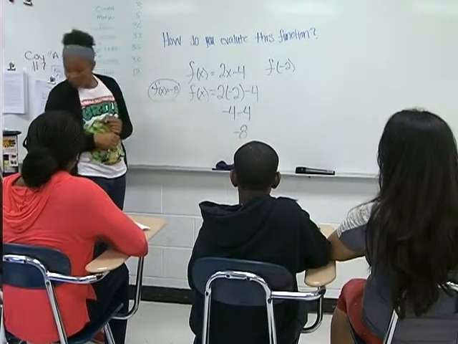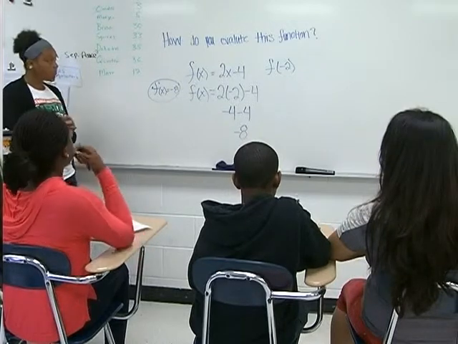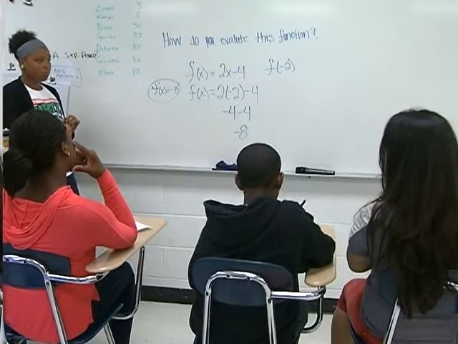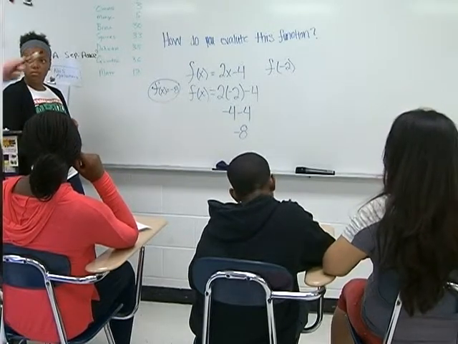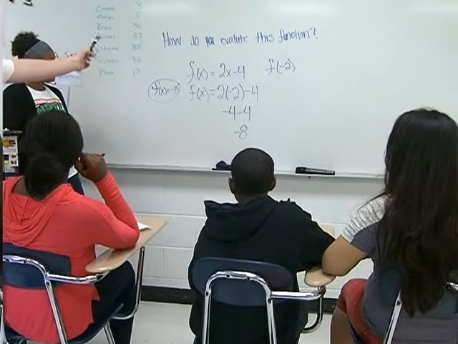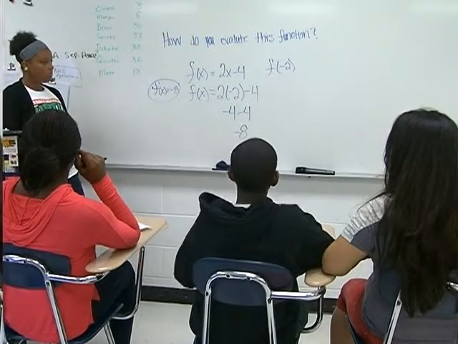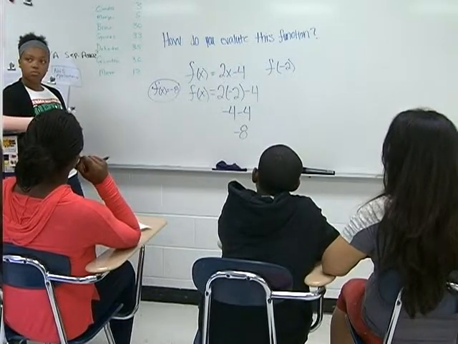Well, what is f of x? Like y. Yeah, it's like y. In terms of what we wrote, the first thing that we wrote down, what is f of x? -2. Well, in the second line there, where it says f of x equals, that's what f of x is, right? So now we have f of x equals -8.